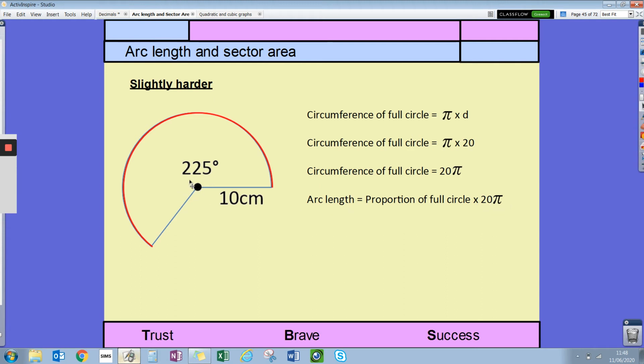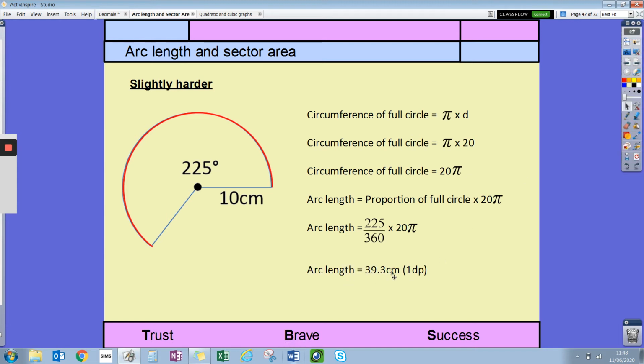Remember, as in the sector area, the proportion of the full circle will be 225 out of 360 multiplied by 20 pi. I'm then going to put that in my calculator, and I'm going to get 39.3 centimetres to 1 decimal place.